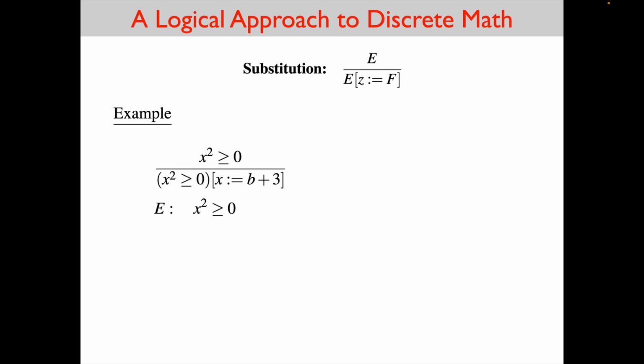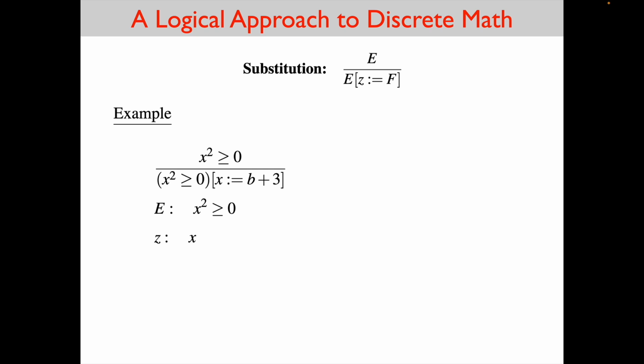And then you see the E that is on the top of the horizontal line is the same E below the horizontal line. So that same expression, x squared is greater than or equal to 0, is below the horizontal line. And then the next correspondence is in the general rule where we have z. In this particular example, the variable is x.